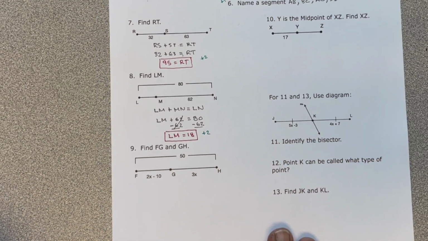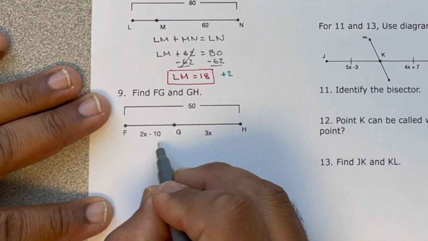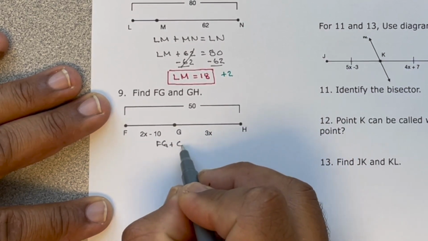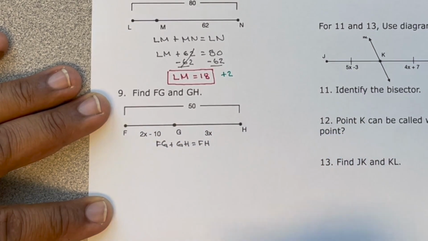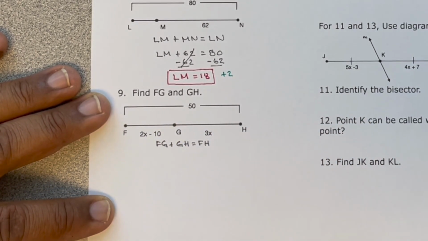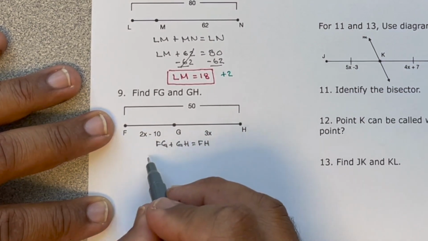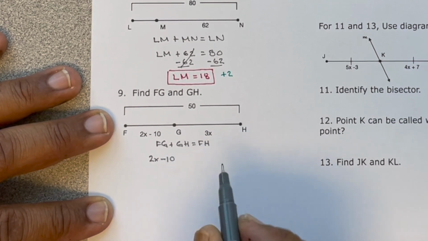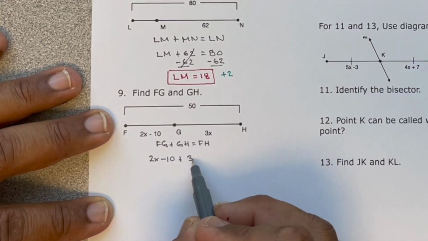Number 9 is also segment addition, but I have to do a little bit more work. I've got FG plus GH equals the whole FH. I don't need to write that every single time, but it is a nice reminder. So now that I'm plugging these in, FG is 2x minus 10 plus GH, which is 3x.